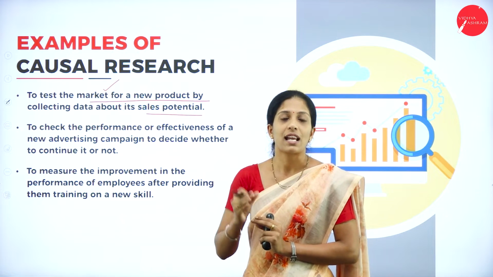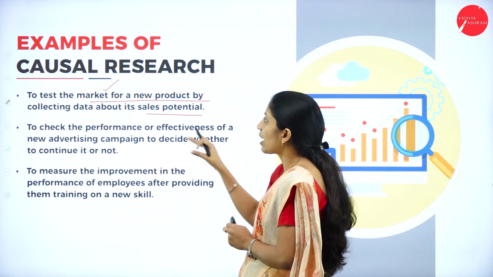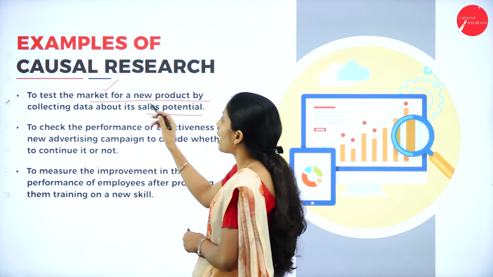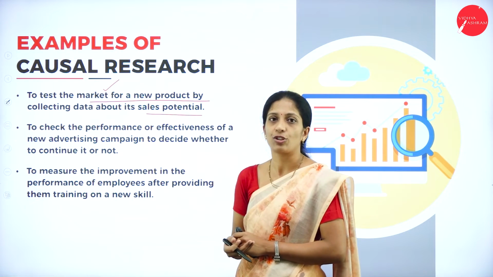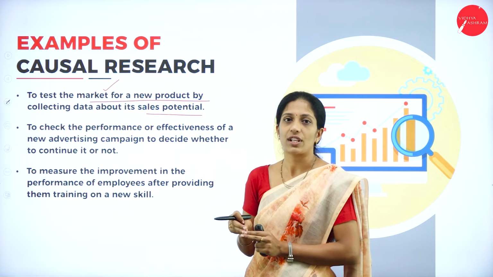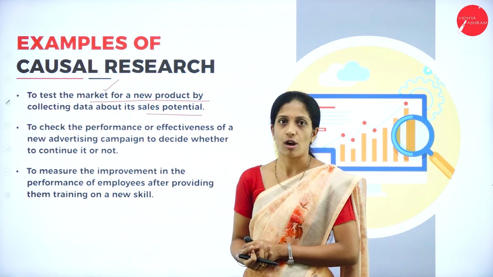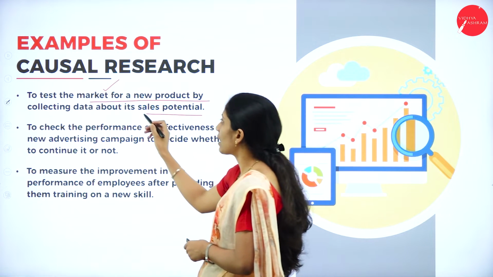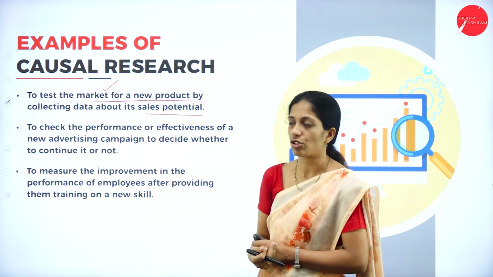What would be the sales output? For each and everything they go for causal research, that is, to test the market. So what is the market for the new product? How is the behavior of the consumer when a new product is launched in the market?